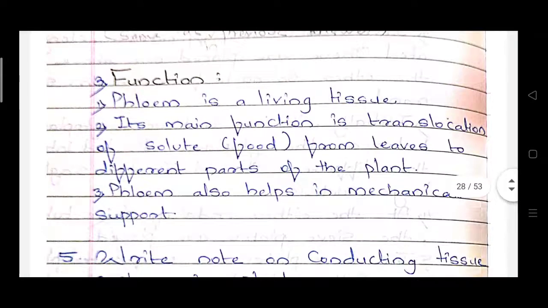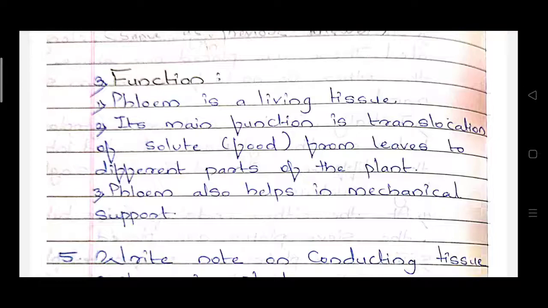Then the last part is the functions of the phloem. As you know, this phloem is a living tissue. The main function of the phloem is the translocation of solutes, that means food particles. In which part of the plant is food produced? In the leaves. So the translocation of solutes from leaves to the different parts of the plant is the main function of the phloem.